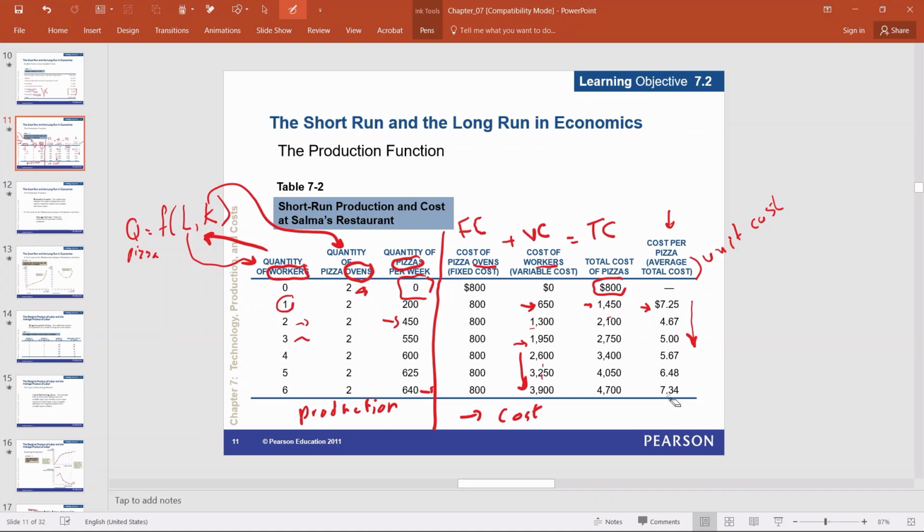So just bear in mind that total cost, or in this case, I will call it total average cost, begins from a number at the top, then it decreases, then it increases. It's like a U shape. This is quantity and this is total average cost.